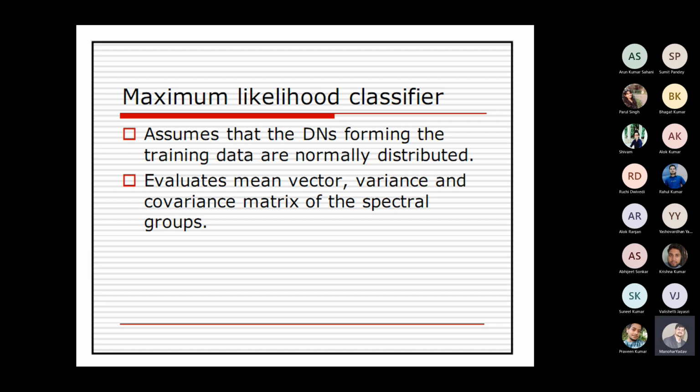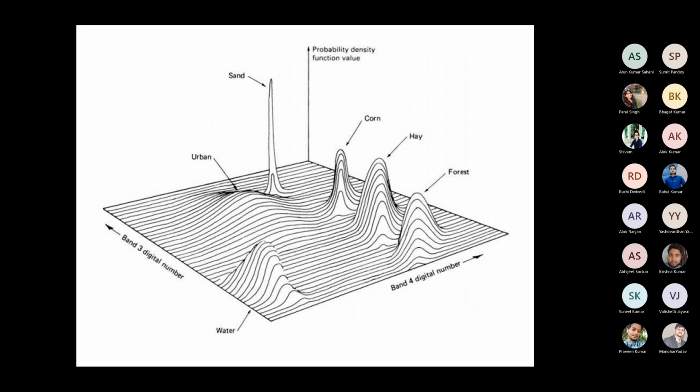But what we assume over here is that, once we collect a training sample, we consider those training samples to be normally distributed. After the training sample collection, we calculate statistical parameters like mean, variance, and covariance matrix of all the classes. In this case, for the probability density function, let's say I consider vegetation. The digital numbers collected from the vegetation are plotted for band 3 and band 4.